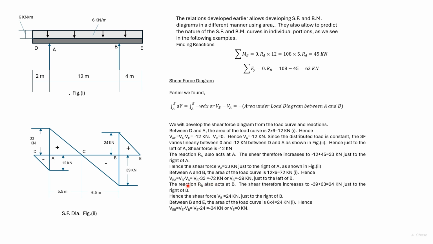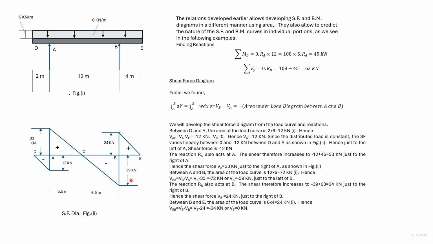Now VA is 33, from which we get VB as minus 39 kilonewton, which we have plotted here. Between A and B, the loading is UDL, so the shear force at A and B has been joined by a straight line.